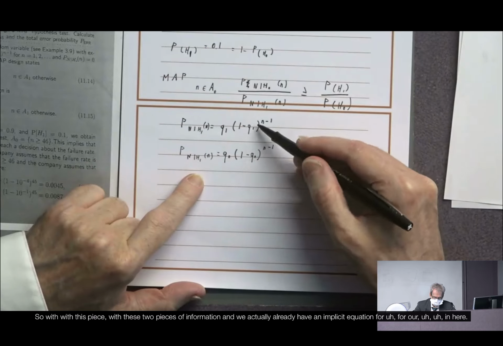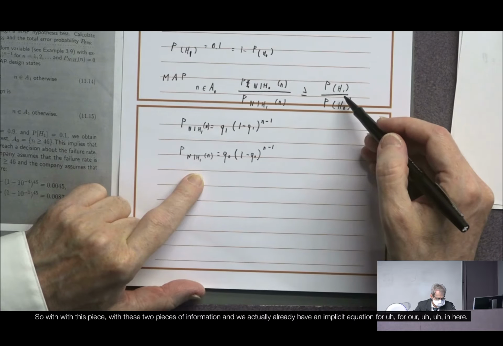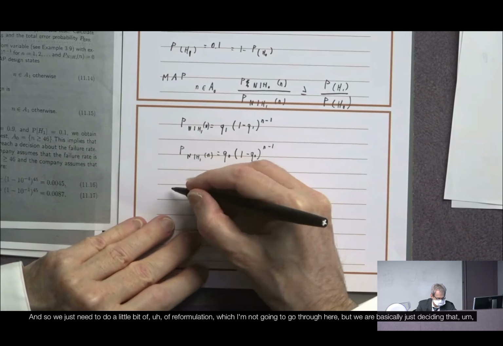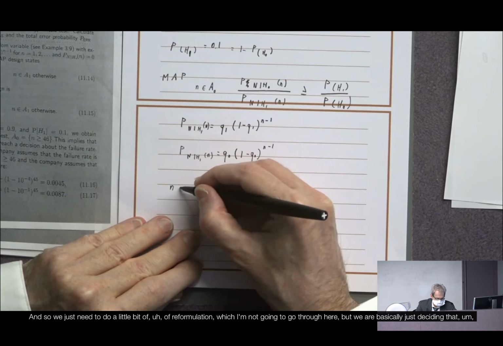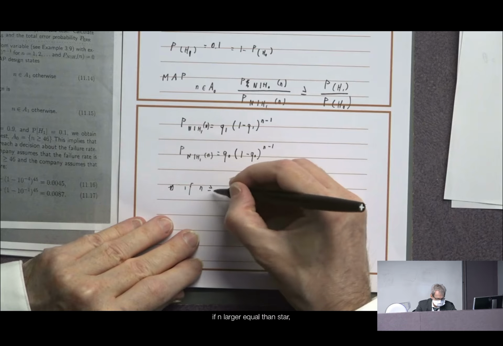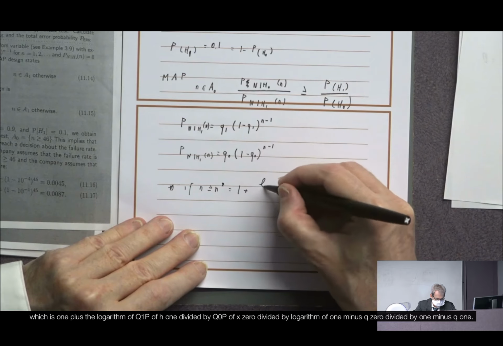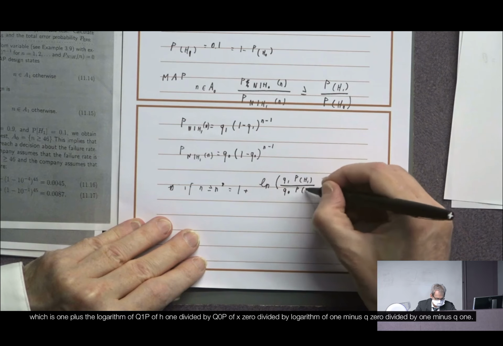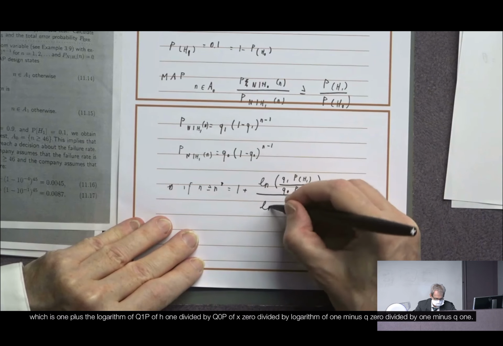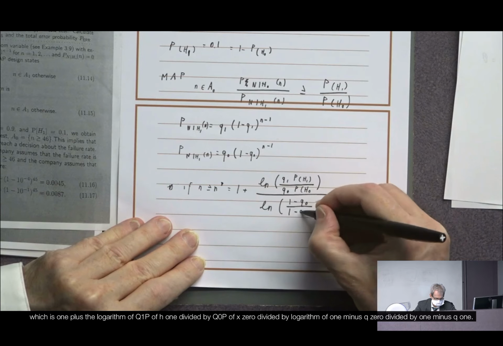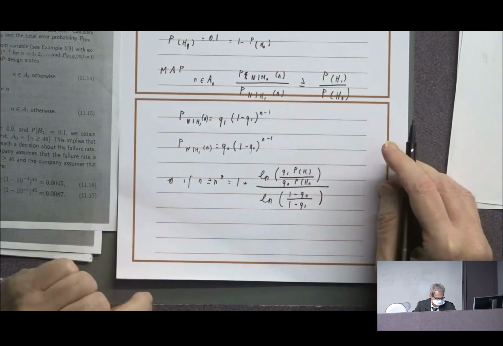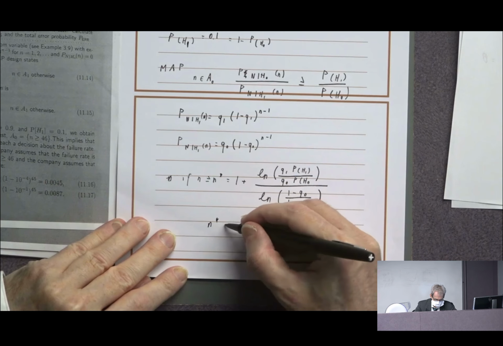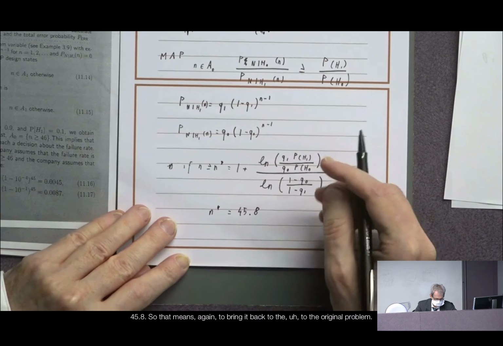And yeah, so with these two pieces of information, we actually already have an implicit equation for our n here. And so we just need to do a little bit of reformulation, which I'm not going to go through here, but we're basically just deciding that if n is larger or equal to n star, which is 1 plus the logarithm of q1 p of H1 divided by q0 p of H0, divided by the logarithm of 1 minus q0 divided by 1 minus q1, that gives us an n star of 45.8.